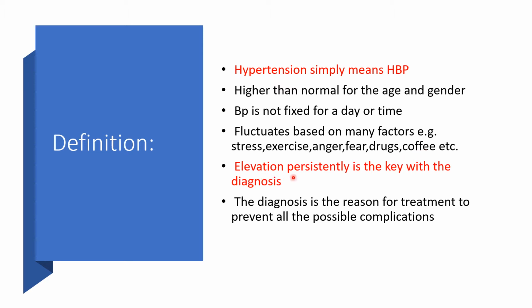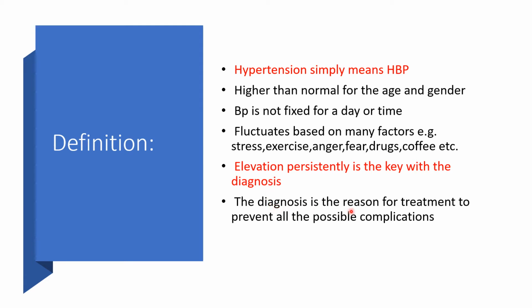But elevation persistently is the key when it comes to the diagnosis, meaning all these could alter the blood pressure within minutes, but that will not force us to make a diagnosis of hypertension. However, when the blood pressure is higher than normal for the age and gender, then we can make the diagnosis of high blood pressure or hypertension.